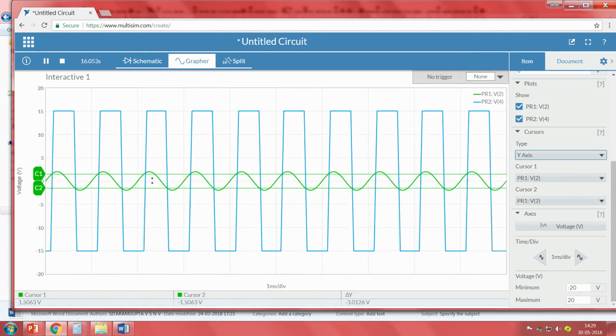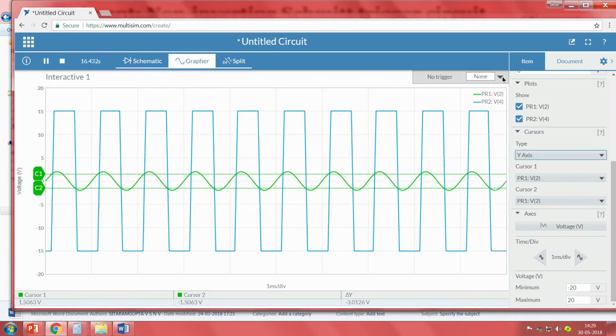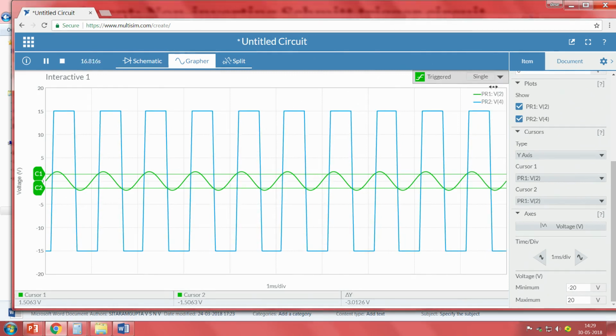Now the triggering I will make a single, so that I cannot see any fluctuation. When we observe, we understand that the output voltage goes to plus 15 volts when the input value is greater than VTH. In this case, VTH is 1.5 volts.